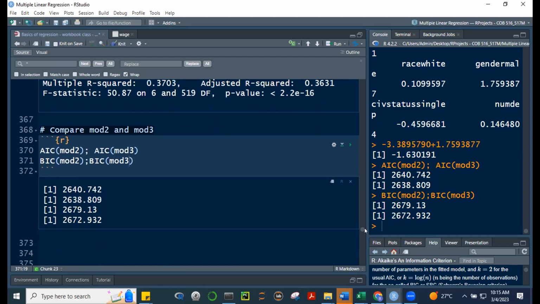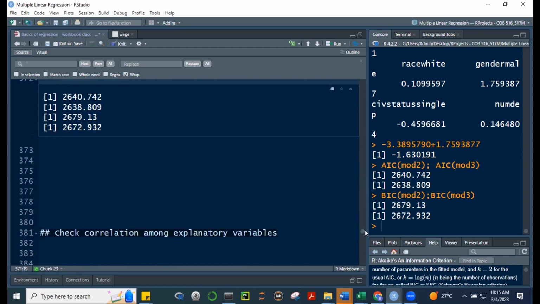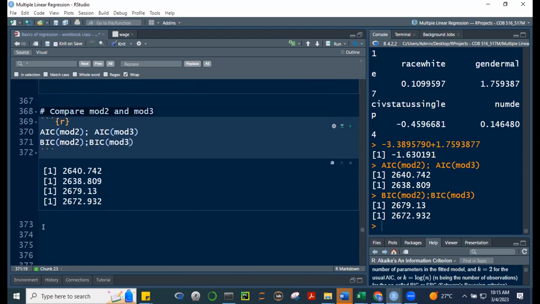So it tells us that the additional variable, what did we remove? Race, no? Did not really add to explaining the variable hourly wage. And then we once again, Control Alt I, we do the ANOVA, okay? Mod 2 and mod 3.